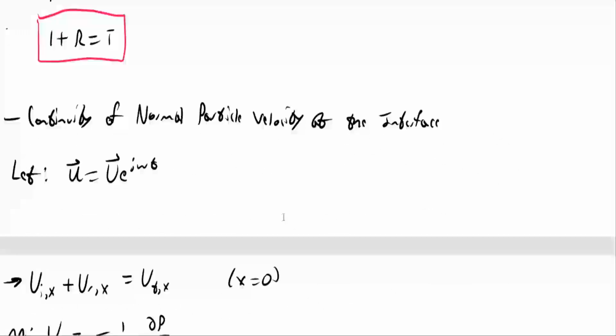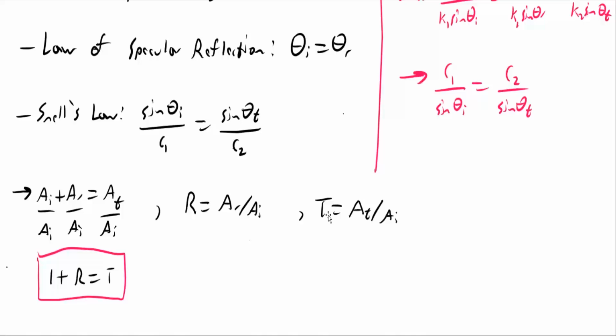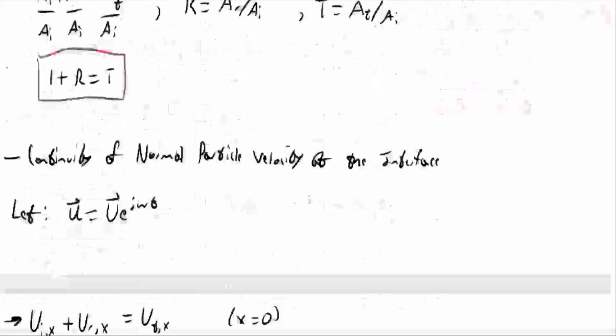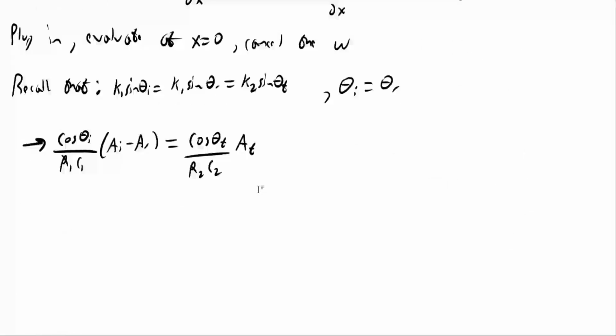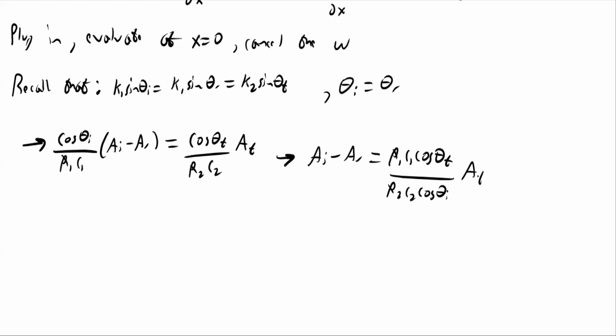Okay? And now we recall what our definitions for the reflection and transmission coefficients are, given here. And we can write this expression then. First let me do this. Let's divide by cosine theta I over rho 1 C1, or move it to the other side. So we have AI minus AR is equal to rho 1 C1 cosine theta t over rho 2 C2 cosine theta I times AT.